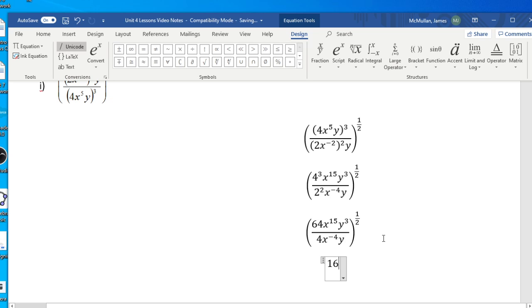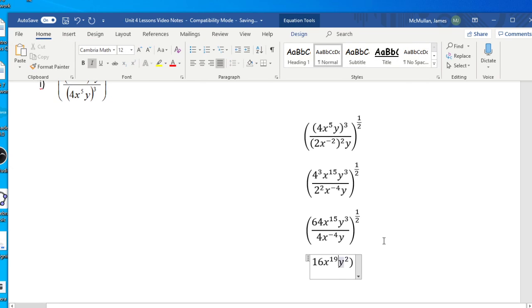Now look at the x's. 15 take away negative 4 is 19. And then I have y, 3 take away 1 is 2. Now all of that has to be put to the power of 1/2.